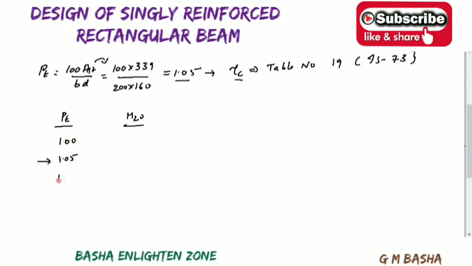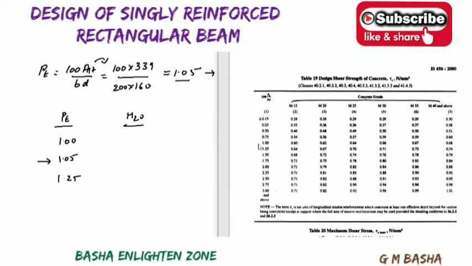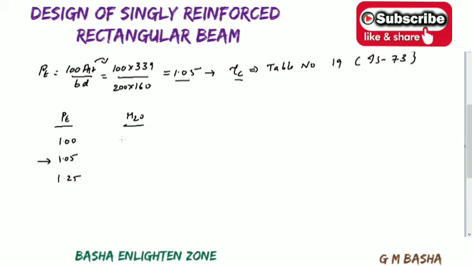So the value will be 0.62 to 0.67. Whatever value you find by using interpolation or any other method, you will get a value more than 0.62 and less than 0.63, maybe the mid value of these two.